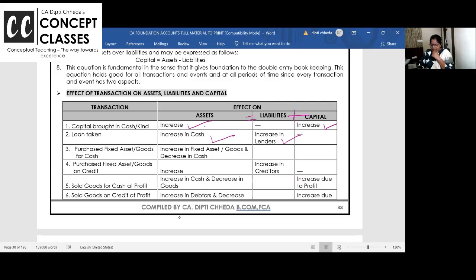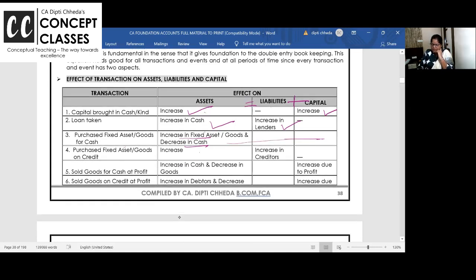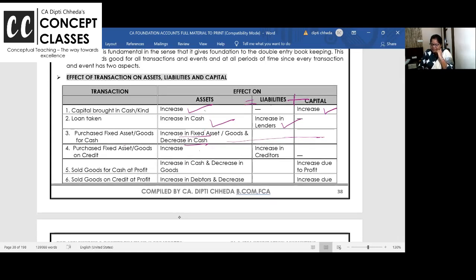Purchase fixed assets for cash. So fixed asset is increasing, and cash is decreasing. So plus minus is here only, no effect here. And here add also, deduct also, so the effect goes nil. Okay, purchased fixed asset and goods on credit. ठीक है?